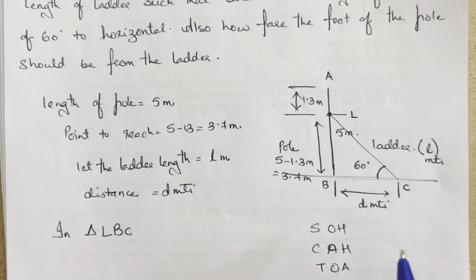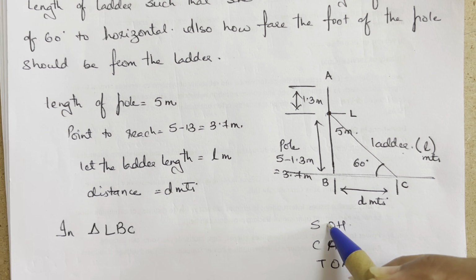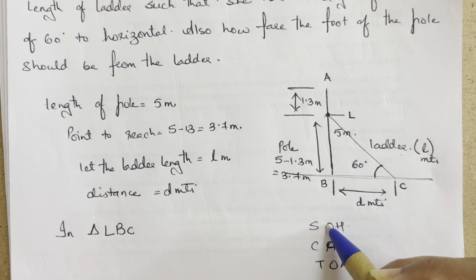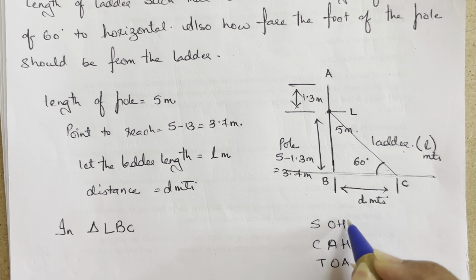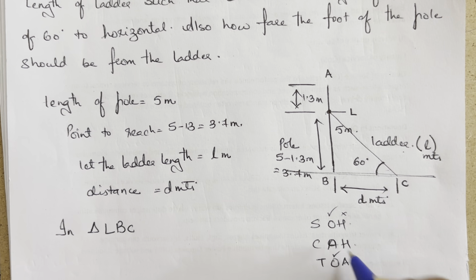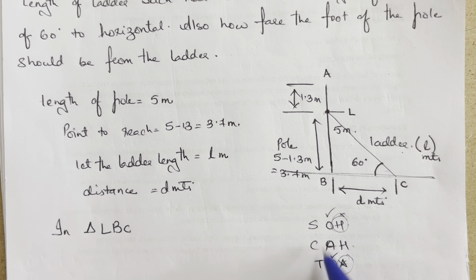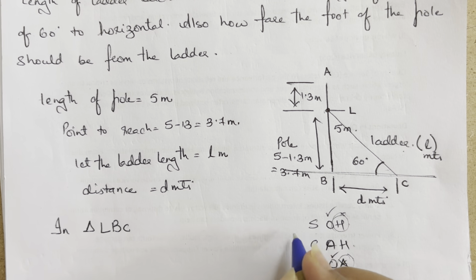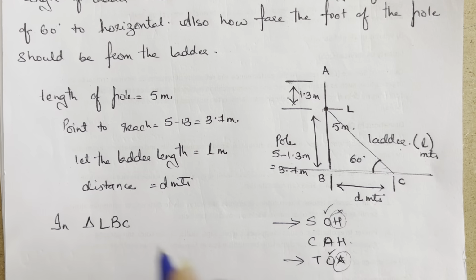Here the hypotenuse is missing, the opposite is given to me, the adjacent is missing, and I have to find both of them. So one after the other, I'm going to take the first one and the second one and find the values out. Okay, so let's go.